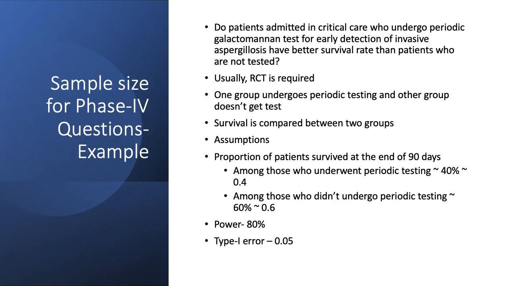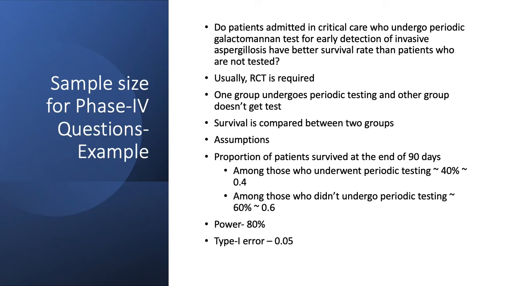How will we conduct a phase 4 research question study? For our example, what we will do is administer this rapid galactomannan test periodically to one group of patients, and we will not administer it periodically, or not administer it at all, to the other group of patients, and we will compare survival, right?